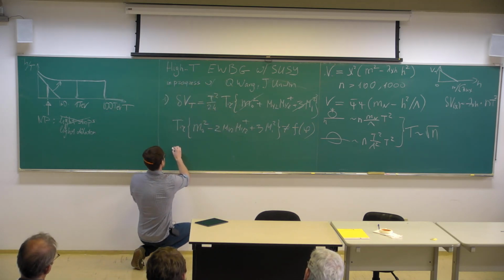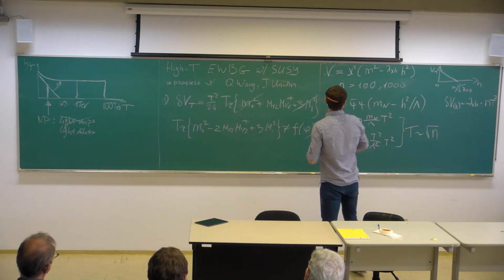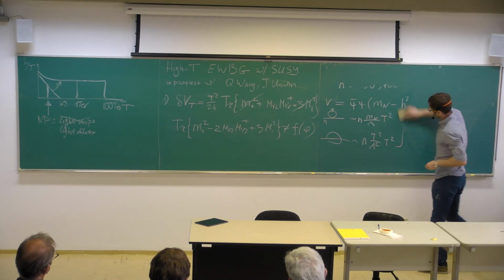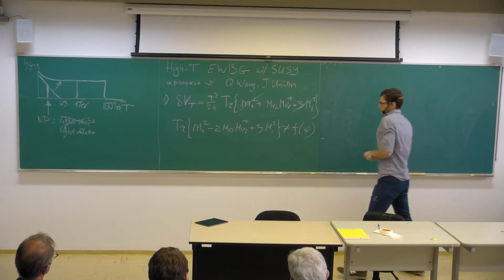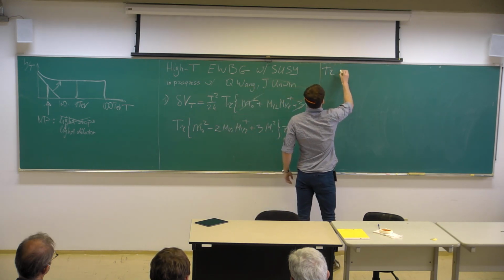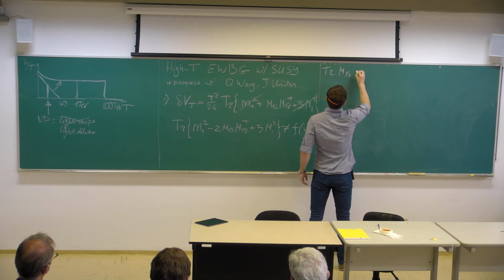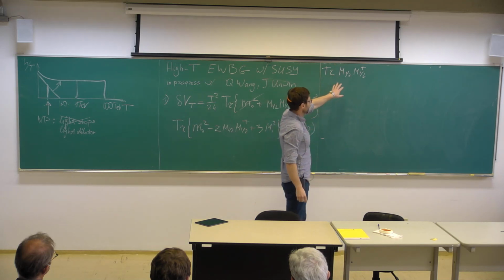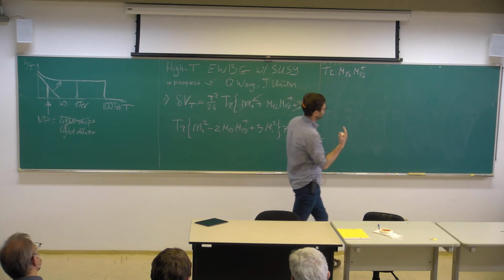Zero. Maybe zero. Let me write it somewhere higher. So this is dimension 2. So in your renormalizable theories, it can have at most 2 powers of the fields.